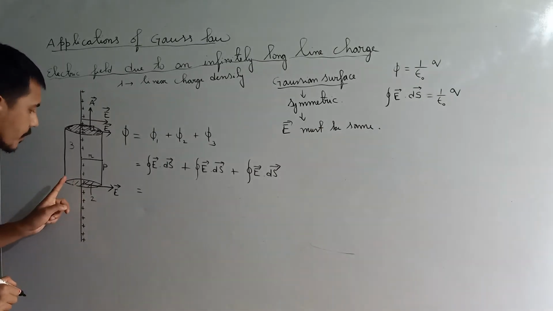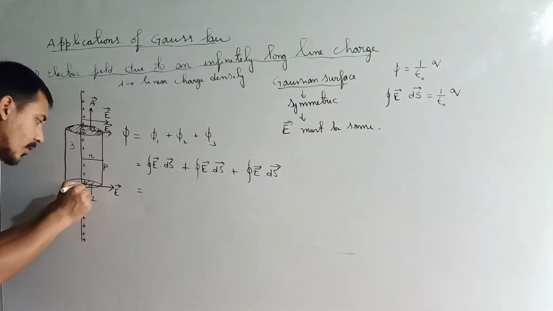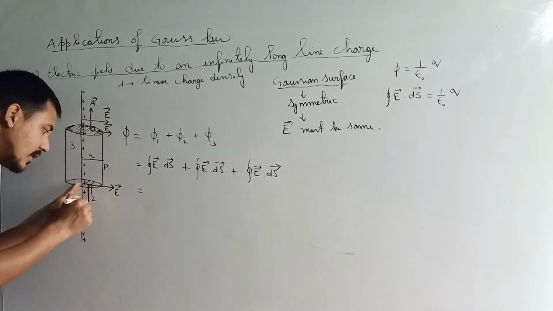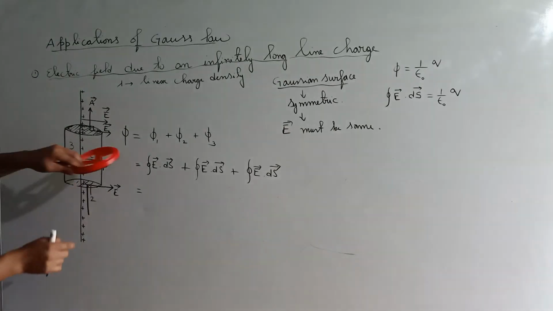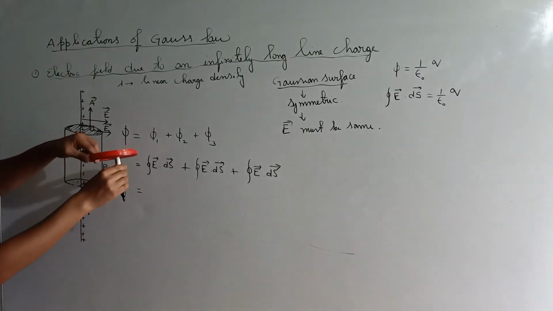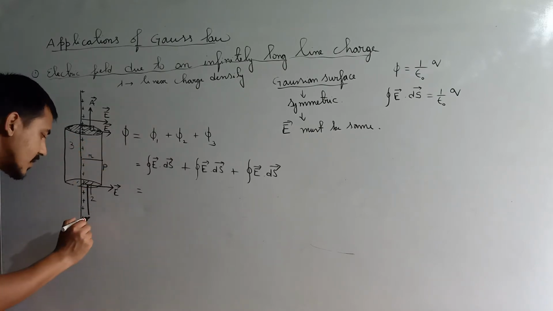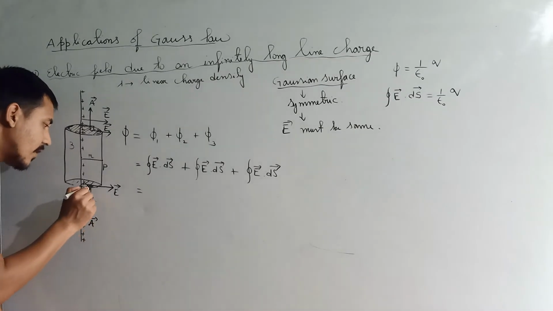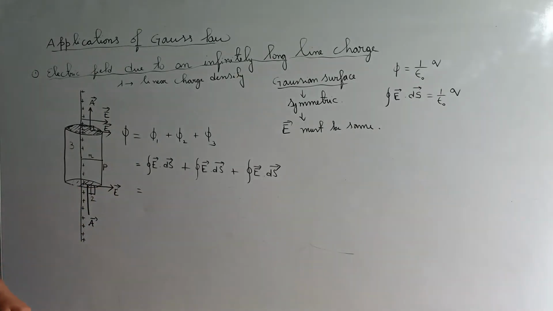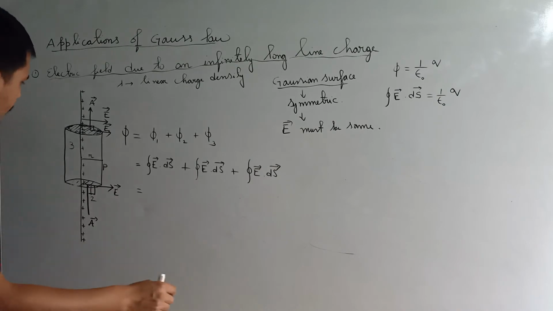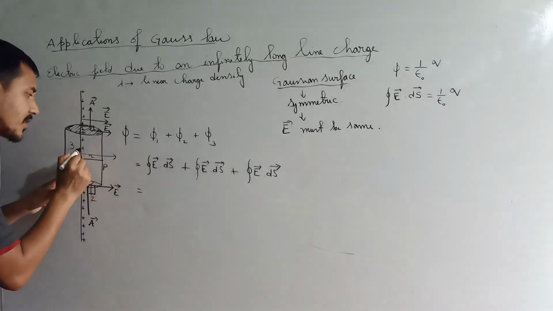The area vector will again be perpendicular outwards. So area vector and electric field make an angle of 90 degrees. Is it okay? And then for this curved surface, see, the electric field is in this direction, right?